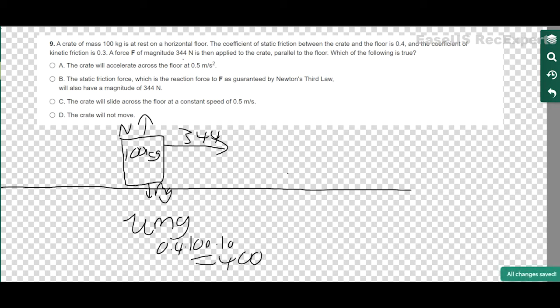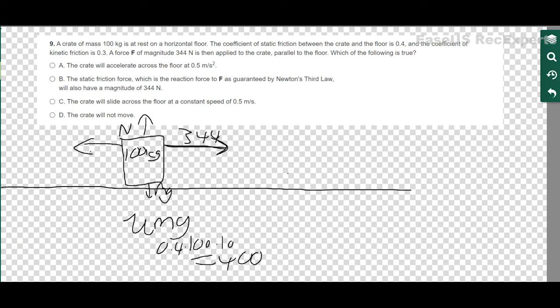Because static friction is a reactionary force, it will only go up to the total force that is exerted. It would only exert the same amount of force here, assuming that this force is not greater than your static friction.